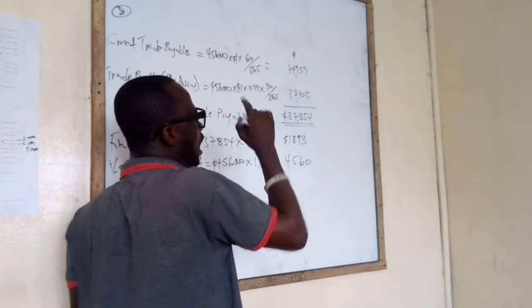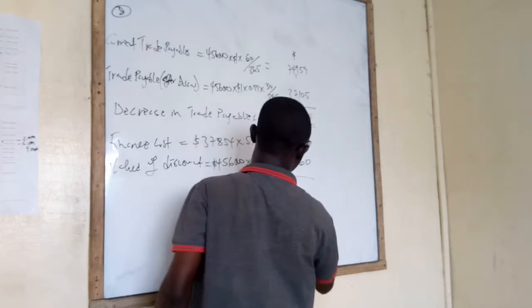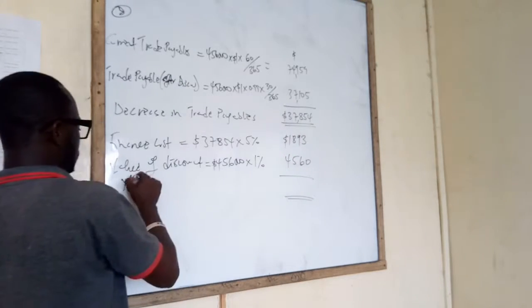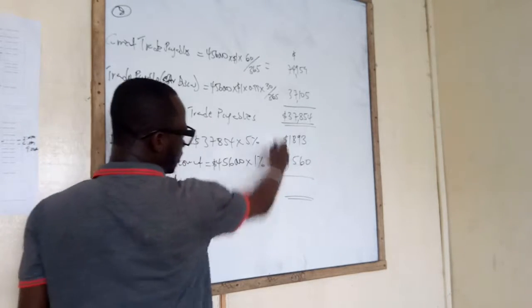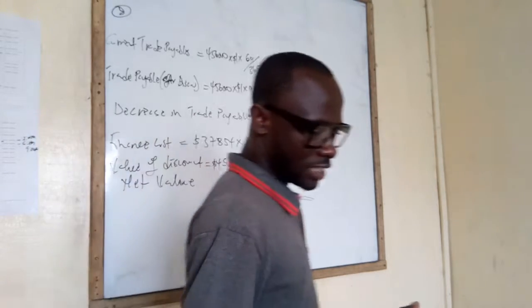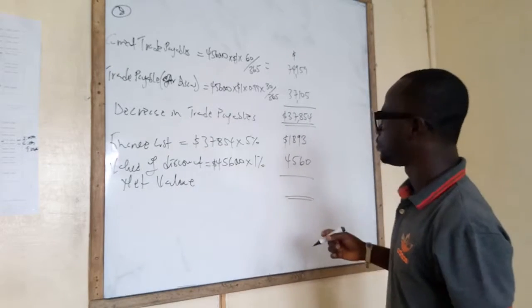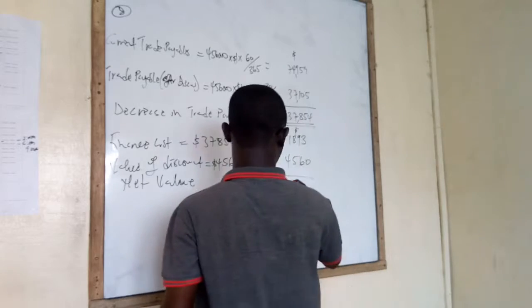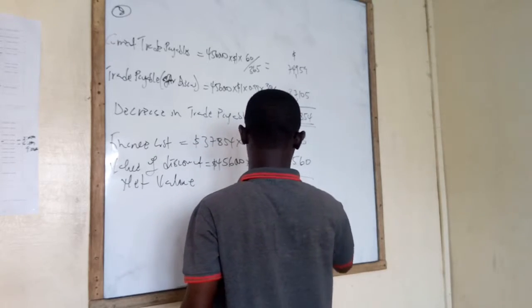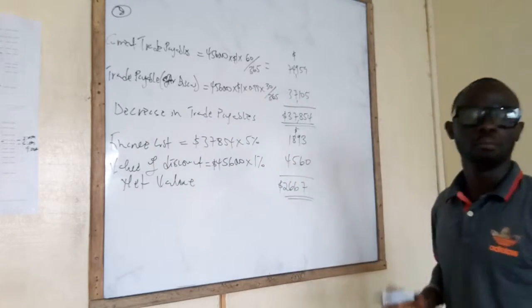So what will be the net value? The difference is the net value. This minus this is the net value. $2,667. That is the answer to the question.